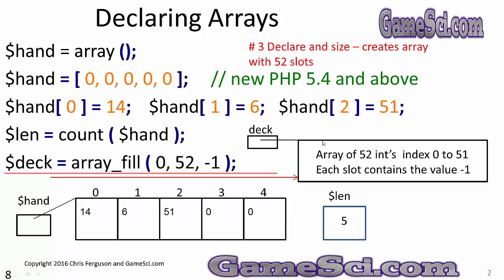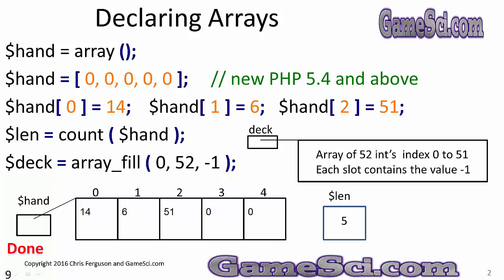I didn't have the room or the space here to draw 51 lines and show 52 slots with -1s in there, but basically it's an array of 52 -1s. That's it. There are several different options when it comes to declaring arrays. You can create empty arrays, create arrays with initial values in them, or create arrays filled with some flag or some number.